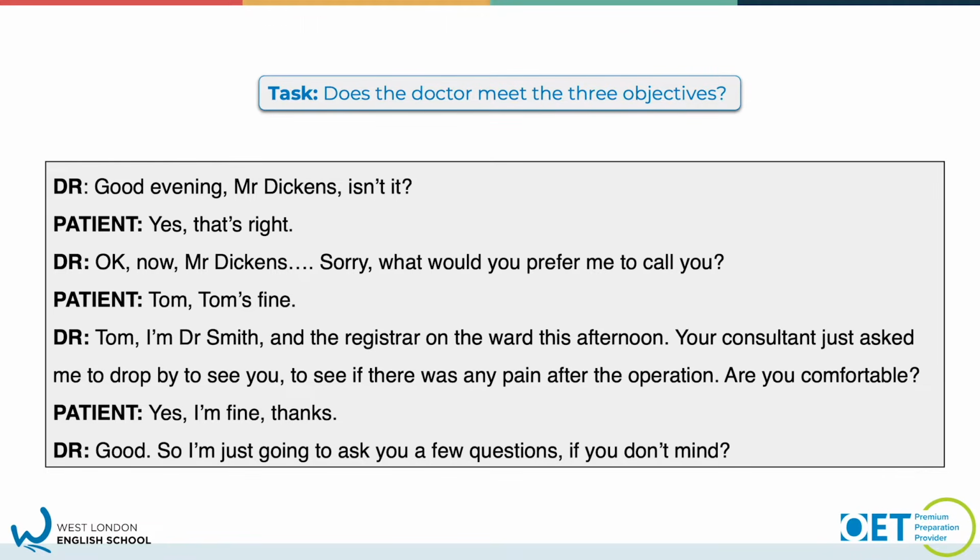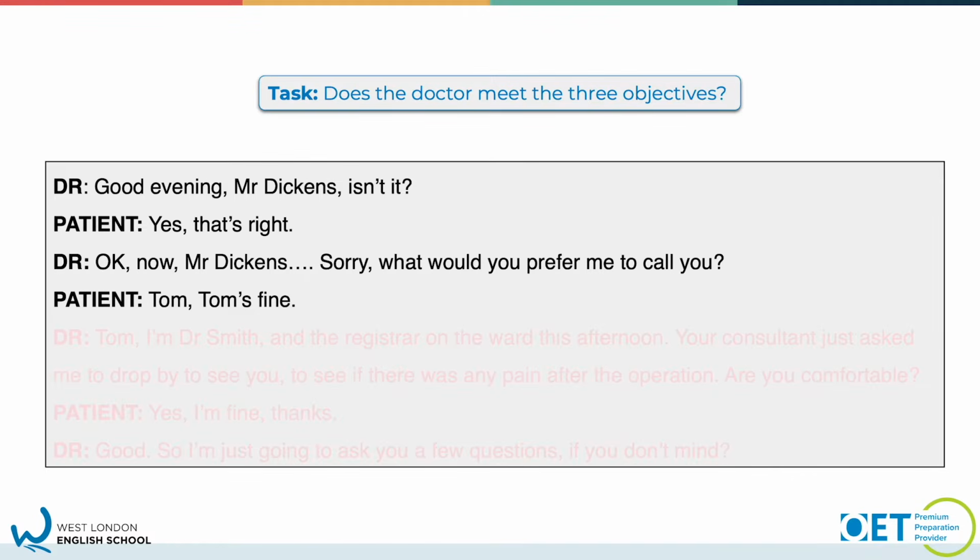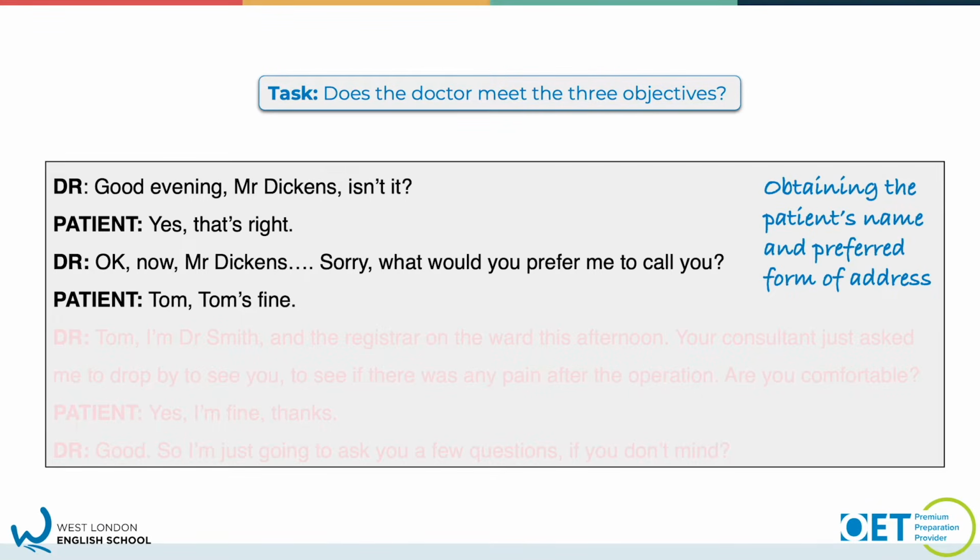Okay, so if you think about the 3 objectives we've just looked at, did the doctor meet those 3 objectives? Well, the first one we know was obtaining the patient's name, and that's exactly what this doctor did. They got the patient's name and they also found out how they would like to be addressed.